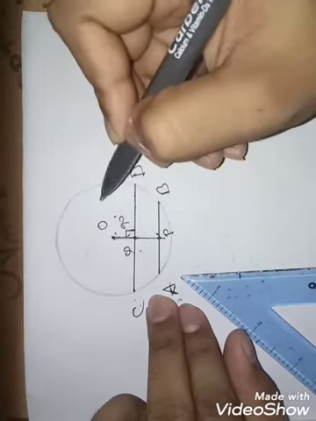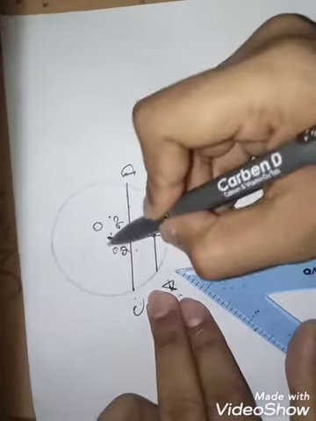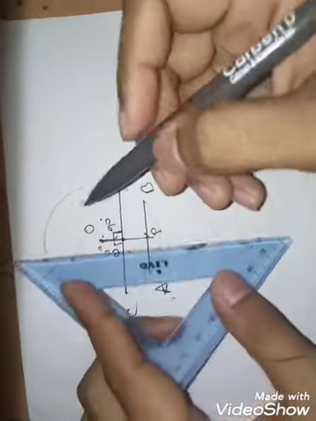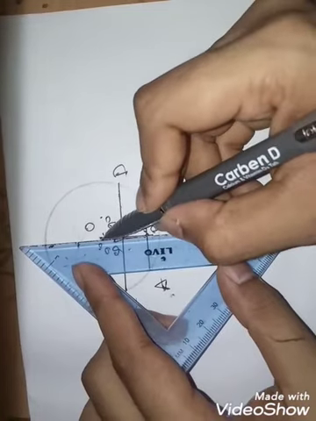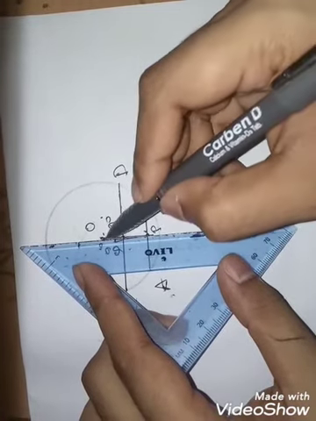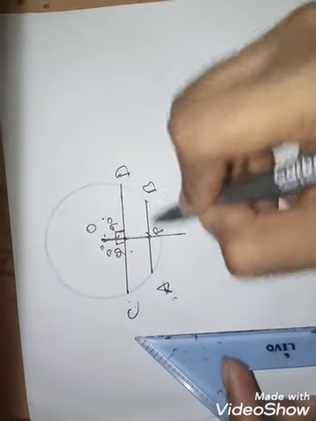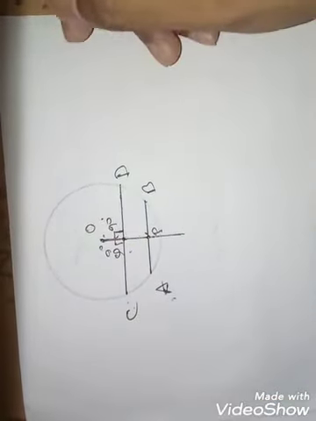This one is 90 degrees and this one also 90 degrees. And I have raised this line segment downwards, and that line hits the chord AB at that point P.